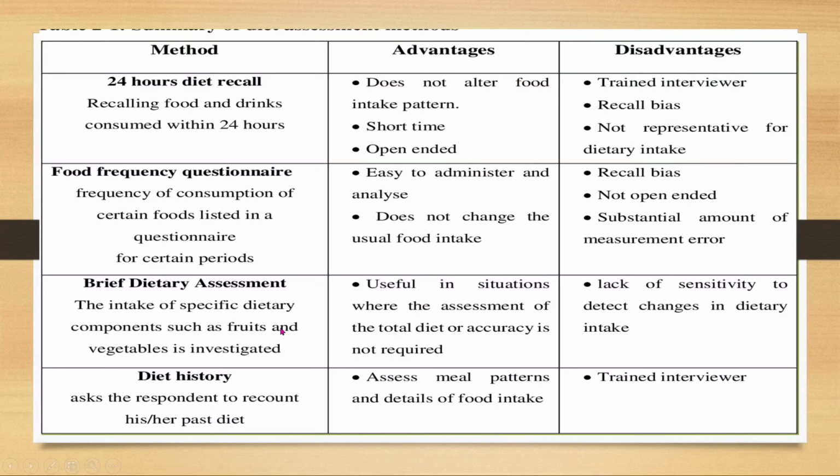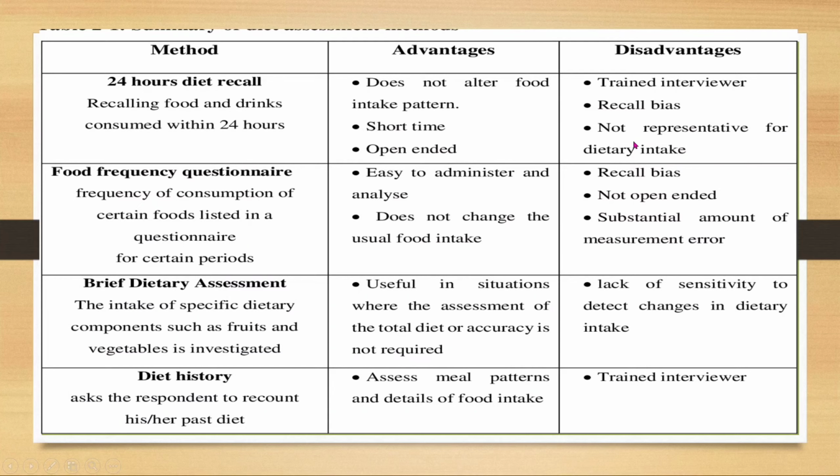These are the methods. First, 24-hour diet recall, recalling the food and drinks consumed in the last 24 hours. The advantage is it does not alter the food intake pattern and it can be easily remembered, but the problem is we need a trained interviewer. There is a chance of recall bias; the patient might not properly recollect what he or she had taken in the last 24 hours.